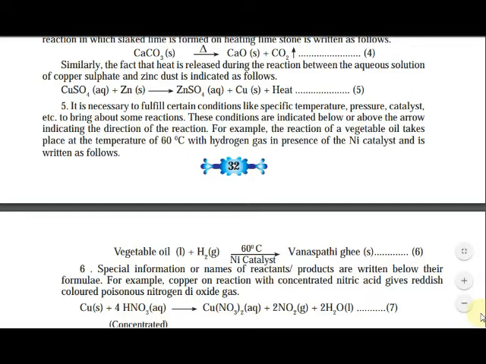Here who are the reactants, which are placed at the left hand side, LHS? Cu and HNO3, meaning nitric acid. Cu means copper, which are in concentrated state. Copper with nitric acid. What is formed? Copper nitrate is formed and nitrogen dioxide gas is formed and water is formed.